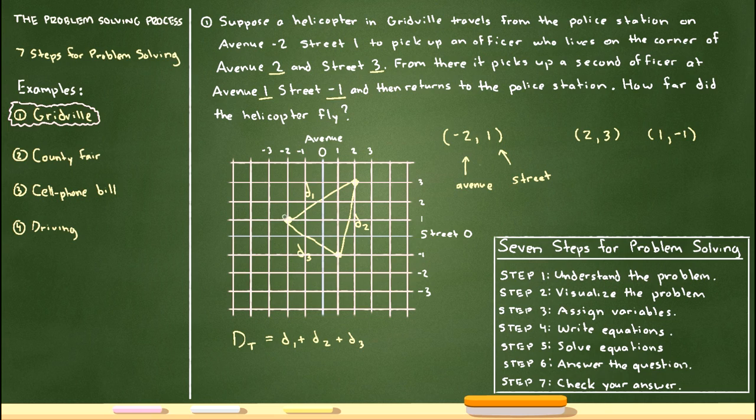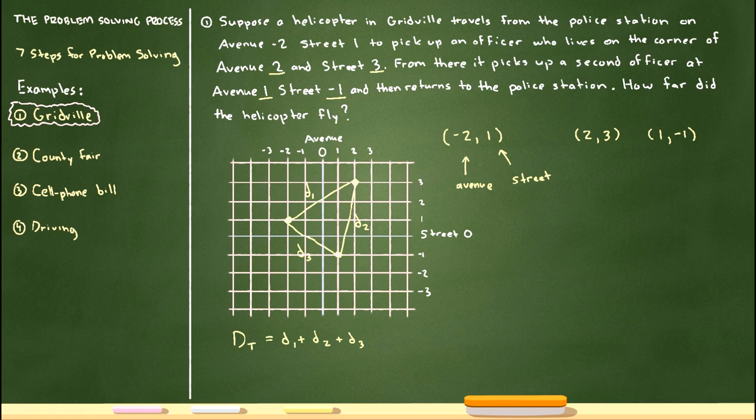Since these are just points in the plane, we know a formula to determine the distance between 2 points. So let me move the 7 steps here for now. Let me just get rid of that.